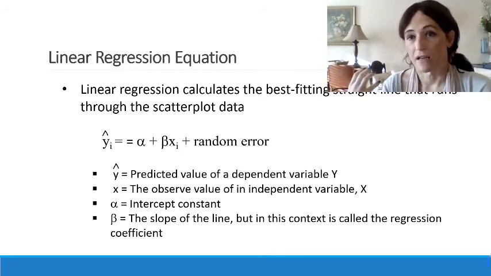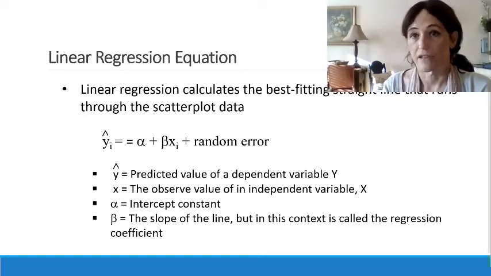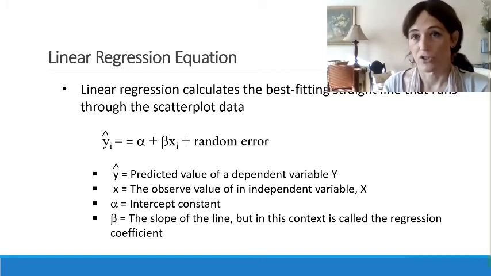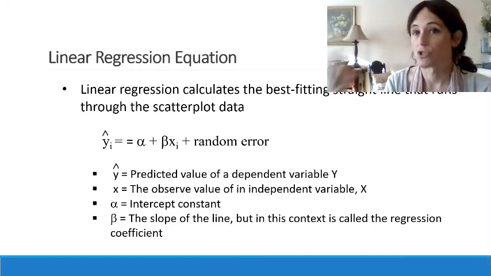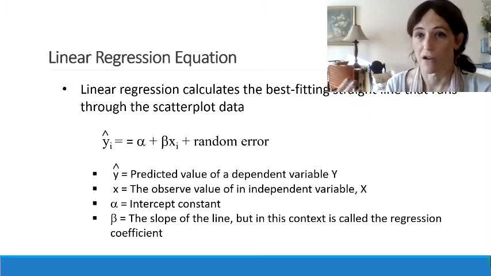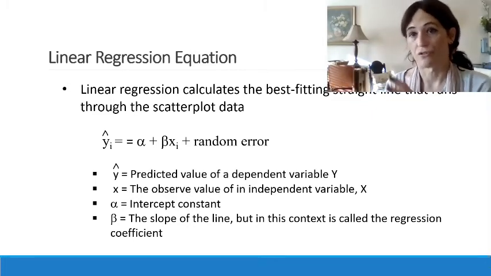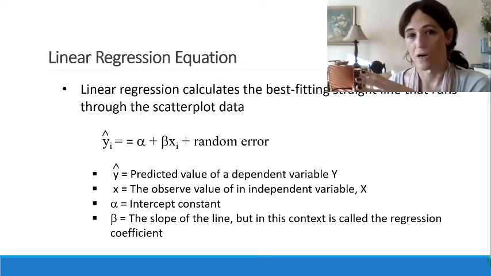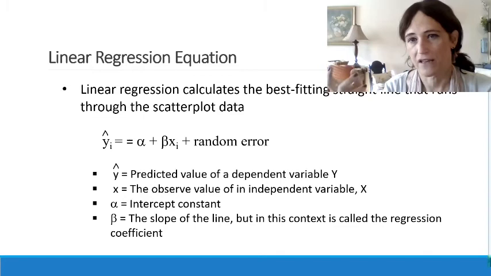Some of it could be error, that is our inability to accurately measure either x or y, but also unmeasured, unmeasurable confounders; all those things would be caught up in this error term. Ultimately, our goal is going to be to reduce that unexplained variability in y. So it's important to keep that in the back of your mind.